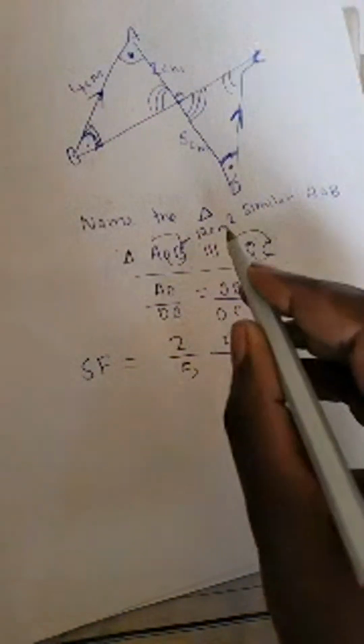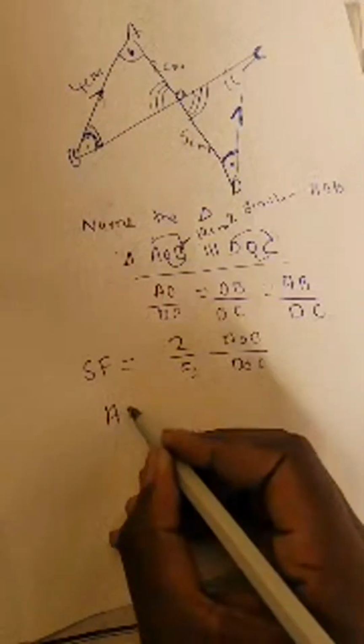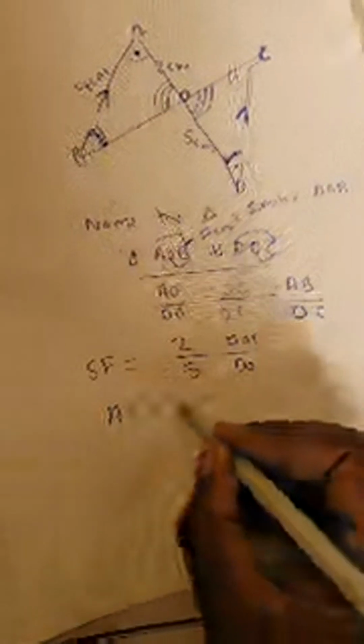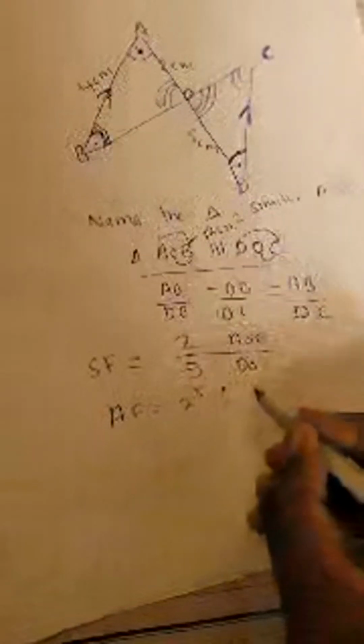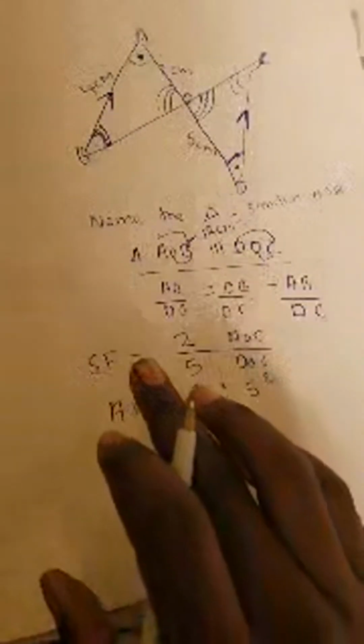So we are asked to find the area, so we have to find the area factor. Scale factor is used to find the area factor, so the area factor is the scale factor squared.